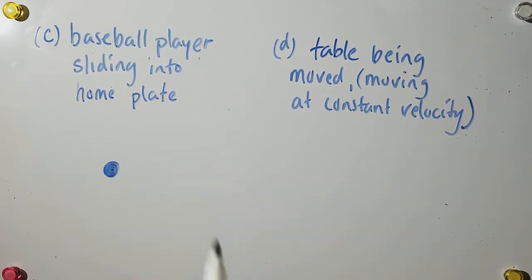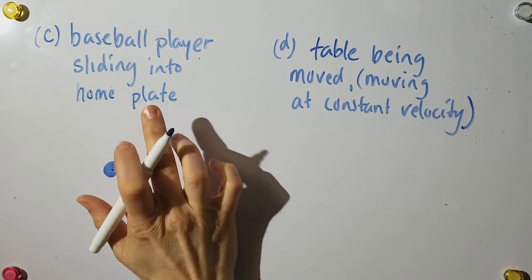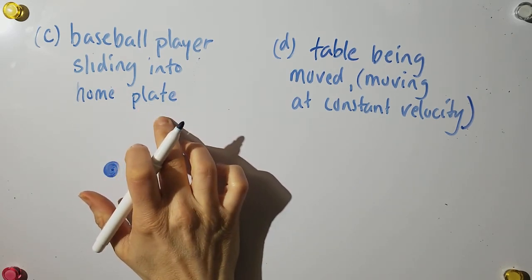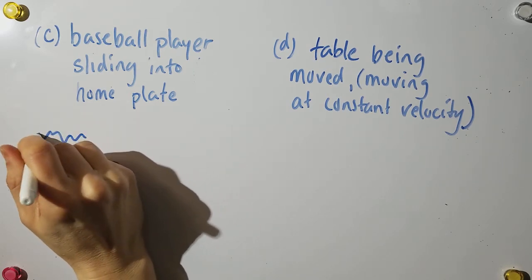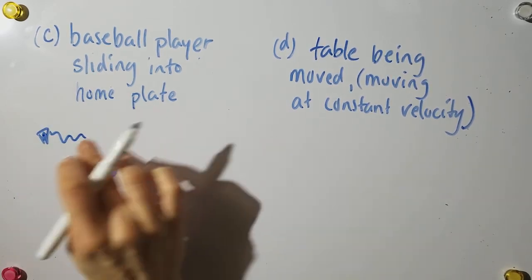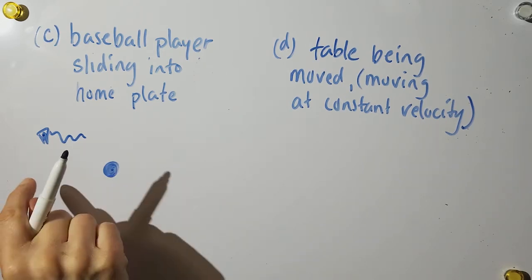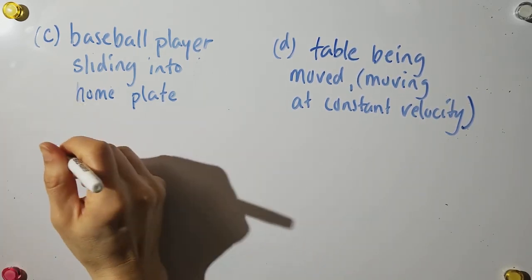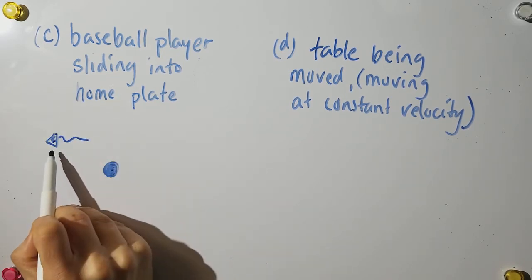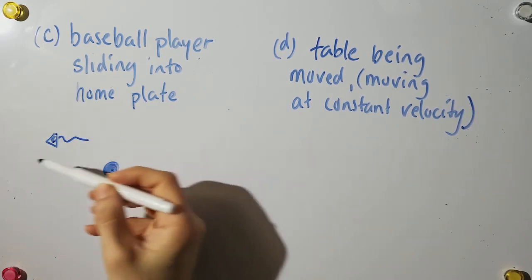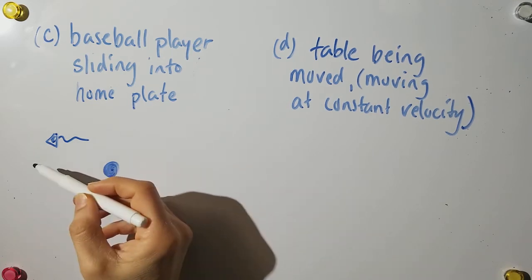Now, if you're sliding to home plate, at some point you're going to stop. So let's imagine that my baseball player is moving this way. Now, this is something that I do. I don't think you'll see this in a textbook, but what I like to do is a squiggly line. This is not a force. This is indicating motion. So the baseball player is sliding to the left.